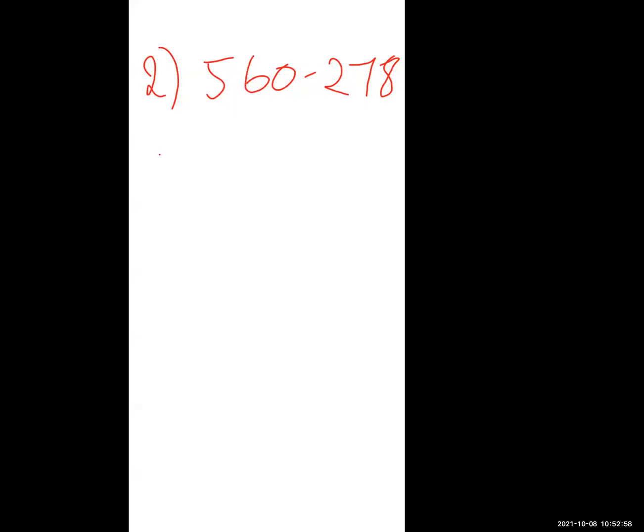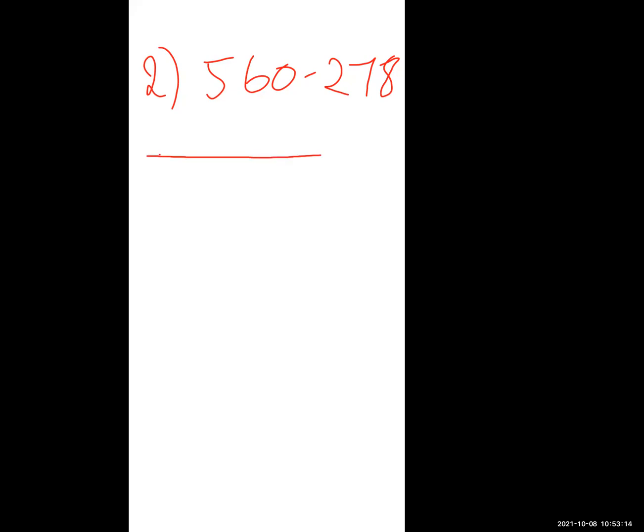So students, let me see. The next sum is 560 minus 278. So in that sum, what do we have to do? First, we need to draw a column. Yes, we need to draw a column.